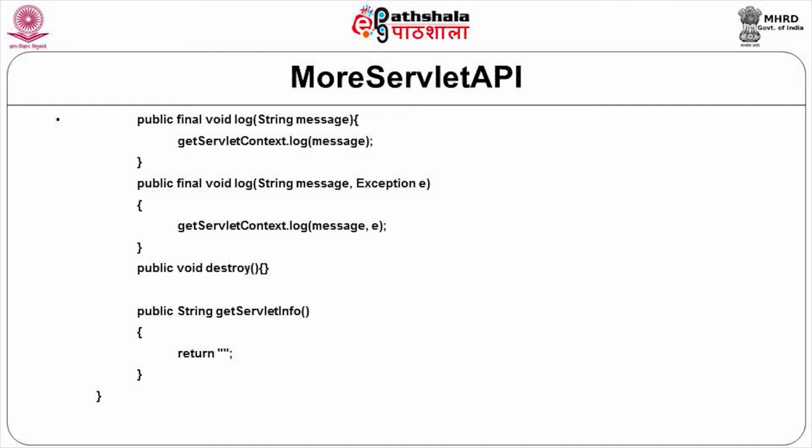Here we can leave it to return a blank string, a string with zero length. So it's a public method returning String, method name getServletInfo, no parameters, and the code is return an empty string. That's the implementation of the methods we want for our BaseServlet.